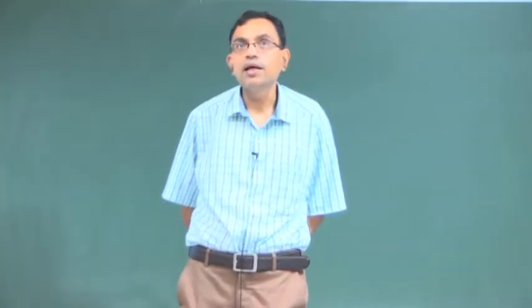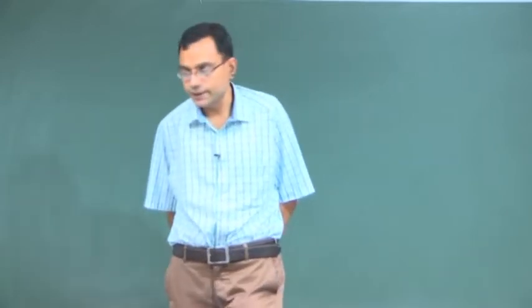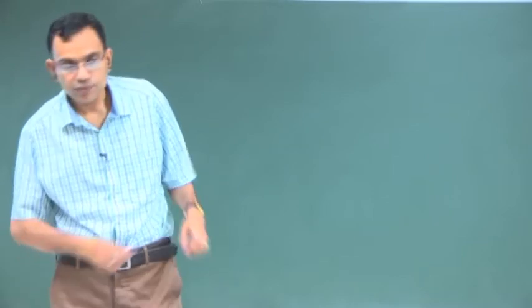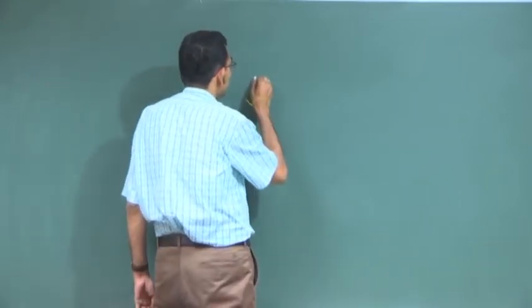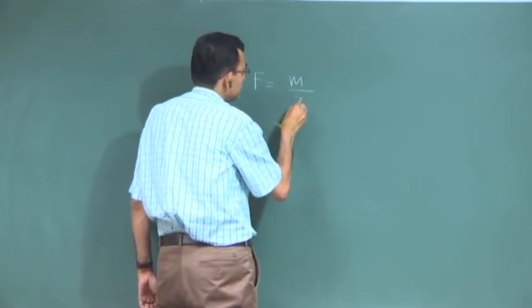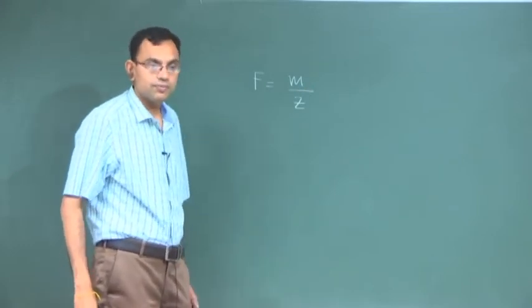We were discussing about doublet and we will continue with that. So, if you recall the previous lecture, the complex potential for the doublet can be written in this particular form.